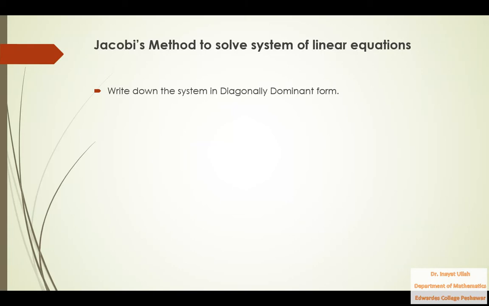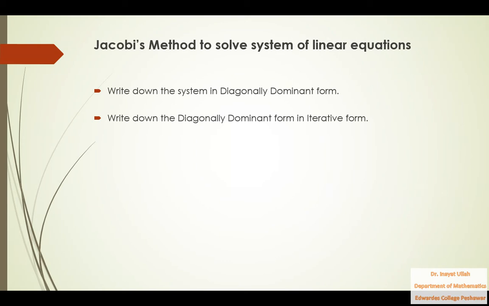First of all, we need to write the system in diagonally dominant form. The system of equations will be given to us, and we will see whether the system is in diagonally dominant form or not. If the system is already in diagonally dominant form, then we leave it, but if the system is not in diagonally dominant form, we will write the system in that form.